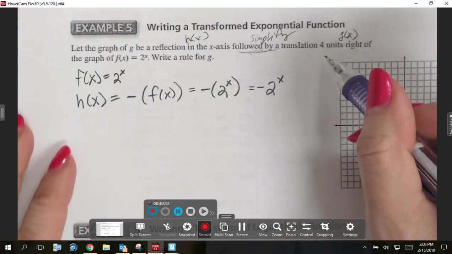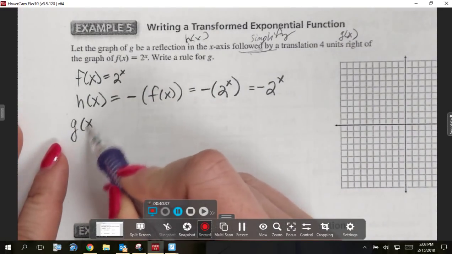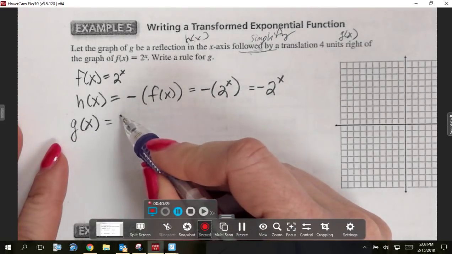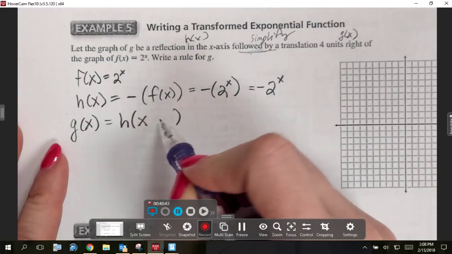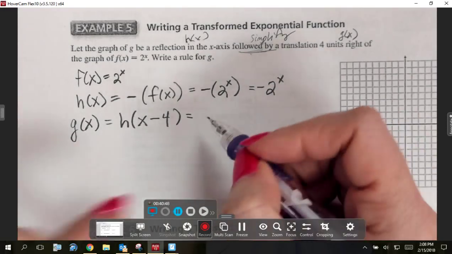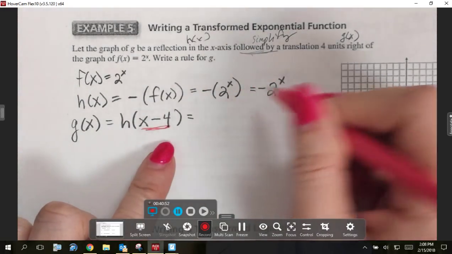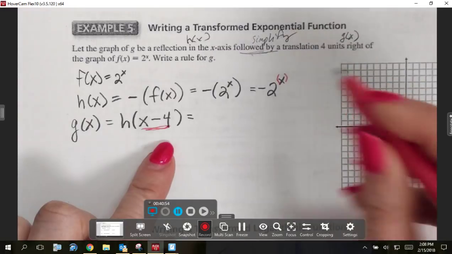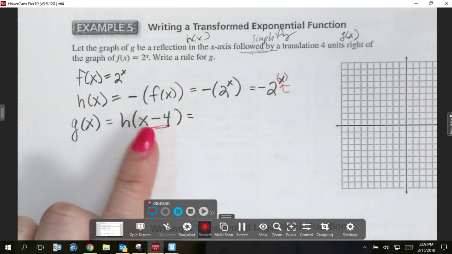Our second part, g of x, is 4 units to the right. That is horizontal. That goes inside of the parenthesis. If I'm doing right, then I say subtract. Remember, if it's inside of the parenthesis, that means you replace x with a parenthesis and put in x minus 4.